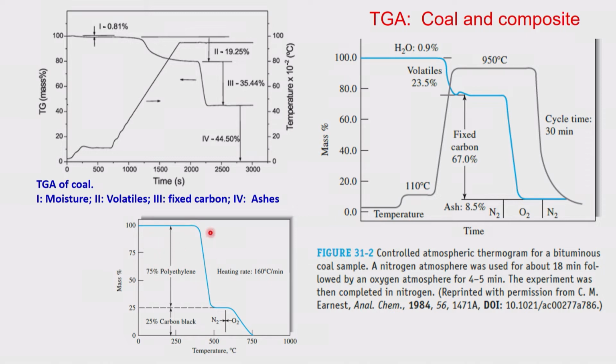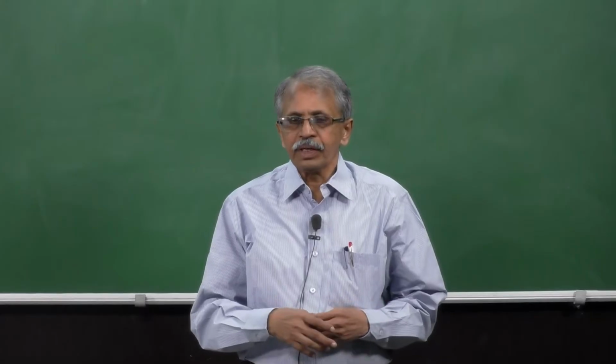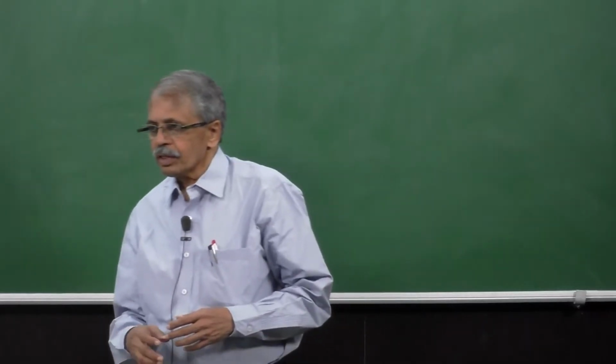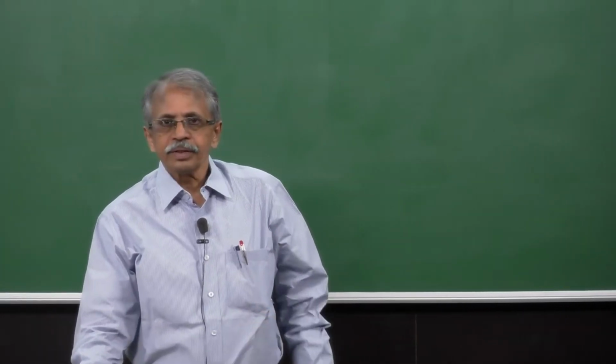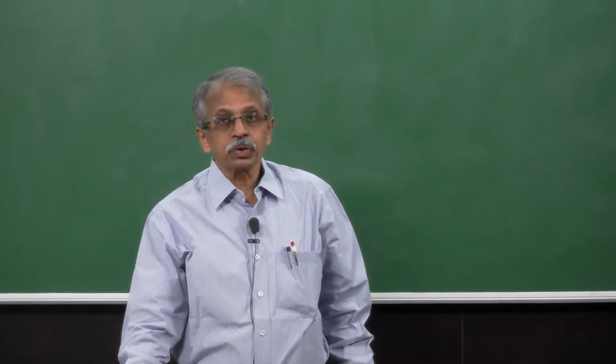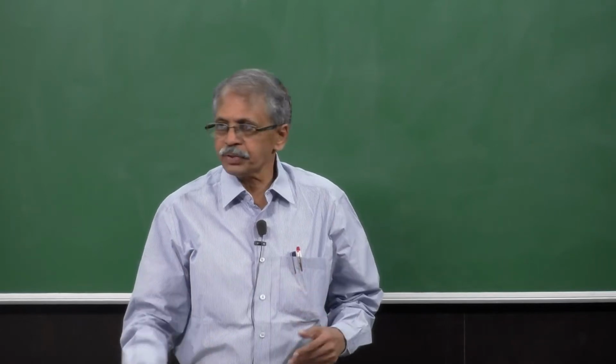Here you can see there is 75% polyethylene; under nitrogen nothing will happen except degradation of that. Then if you use oxygen, this will start burning down. So, heating rates, etc. You can use these techniques, a combination of TGA, DSC or DTA, all of these together, referred to as thermal analysis, to study all these samples: organic based, inorganic based, composite based, all of those.